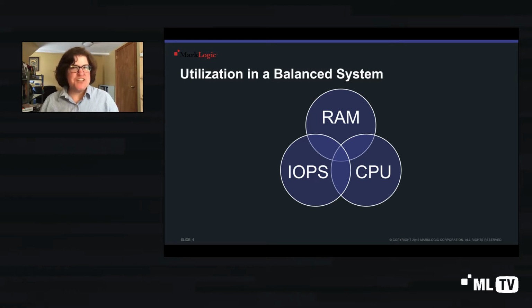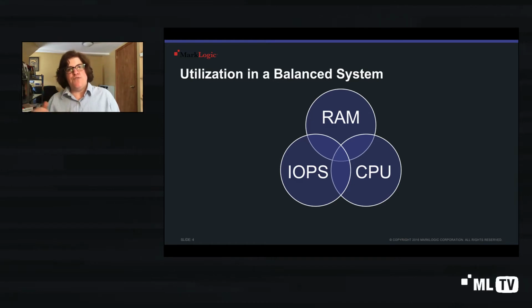So I always like to talk about balance. In performance engineering, we're always looking for the bottleneck, and that's always our first question. If somebody says it's running slow, it's like, okay, what's your bottleneck? Which thing are you running out of? Which resource is scarce? So, with MarkLogic, the way that I think about it is it's really RAM, CPU, and IOPS, your disk reads and writes.